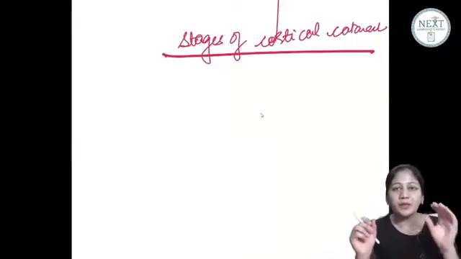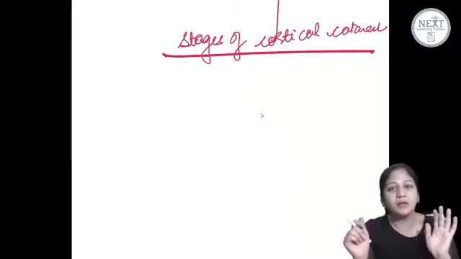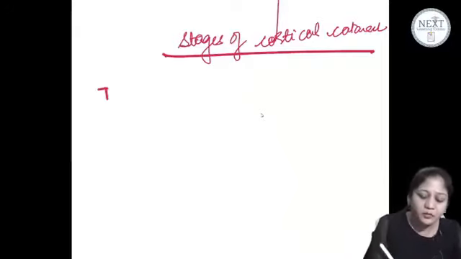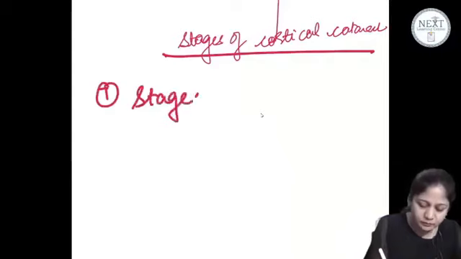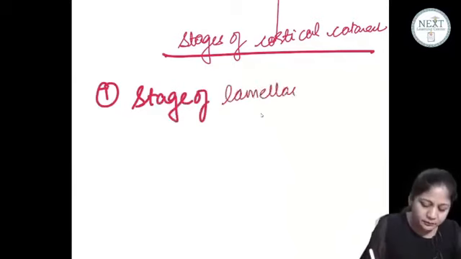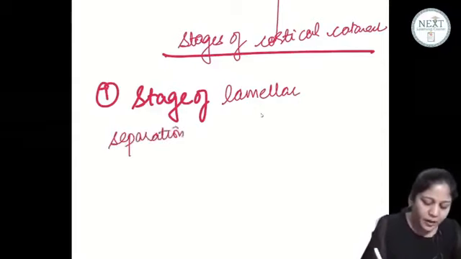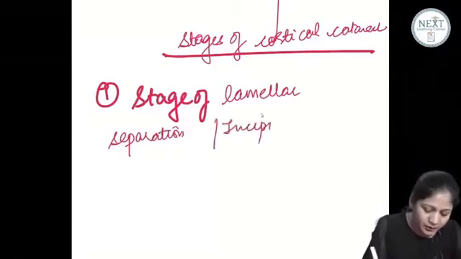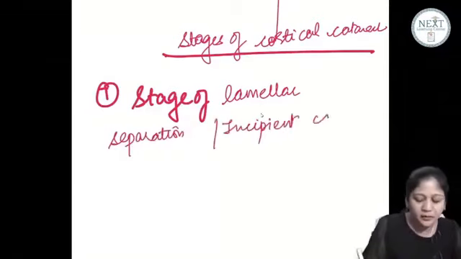But when the lens fibers become visible, we call it the first stage, where there is a stage of lamellar separation, and there is a stage of incipient cataract.